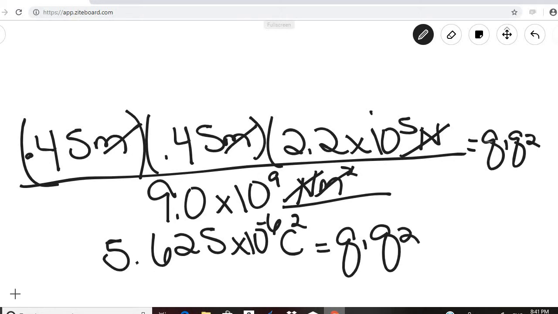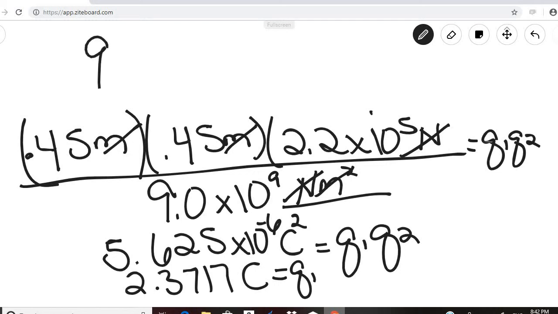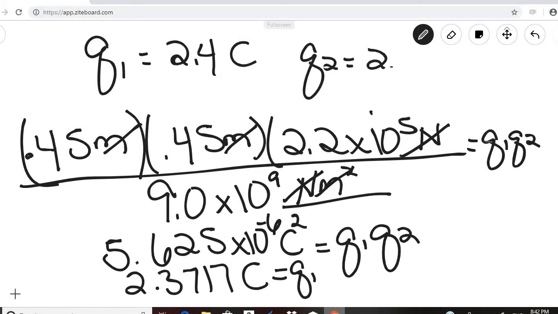Since we know that these two charges are equal, we can just take the square root of that, and what we get is 2.3717 coulombs is equal to Q1, and Q2 would be equal to the same. With two significant figures, we would say that Q1 is equal to 2.4 coulombs, and Q2 is also equal to 2.4 coulombs.